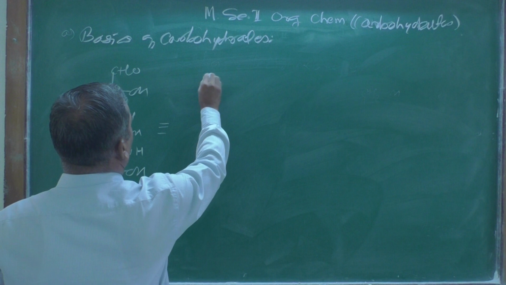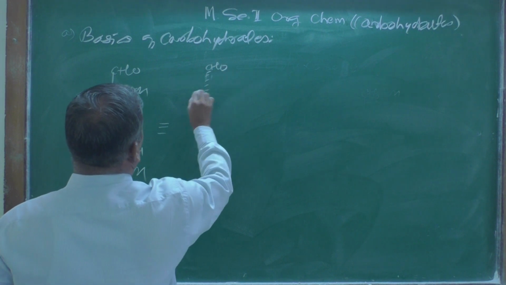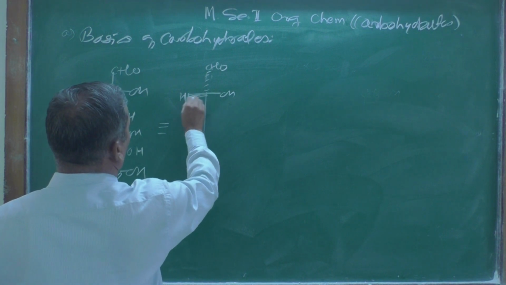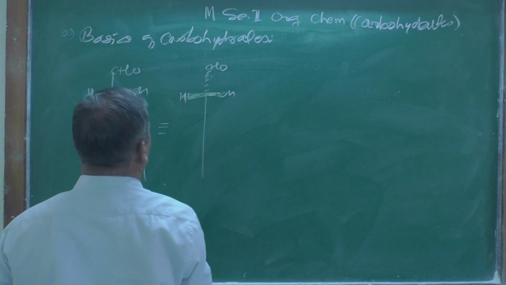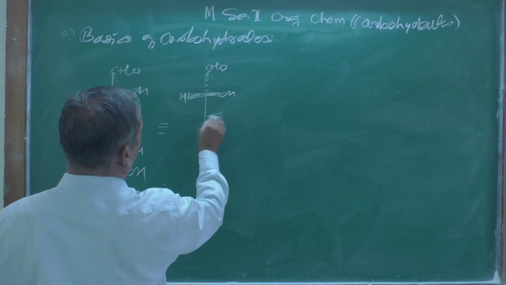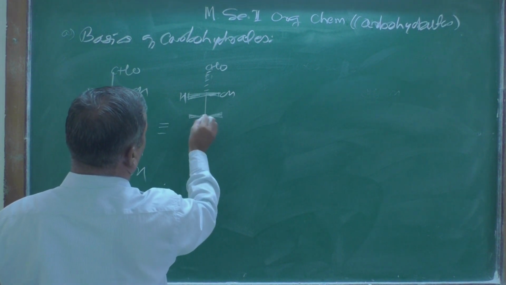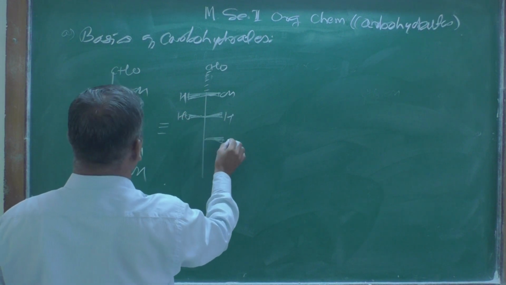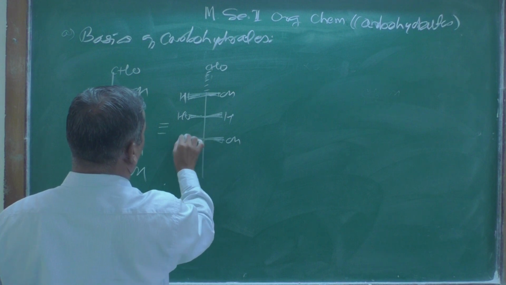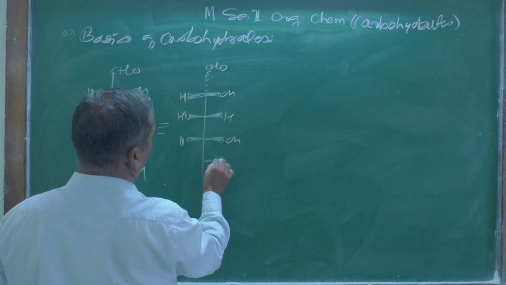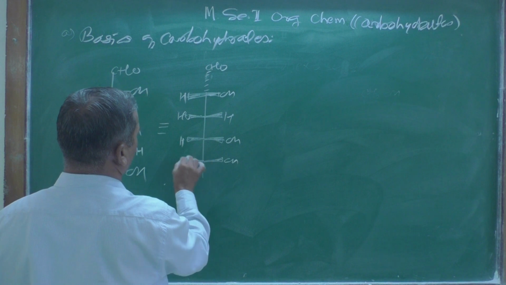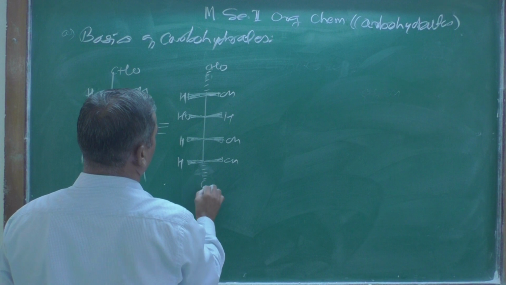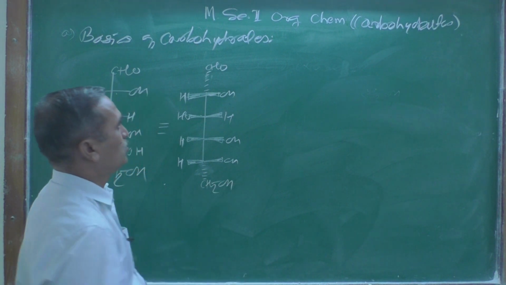Suppose here you show CHO behind, and the OH comes above the plane like this. Here also OH, then HO here, H here, again OH here, and the hydrogen atom, here again OH and a hydrogen atom, and the group which is behind is written as CH2OH.